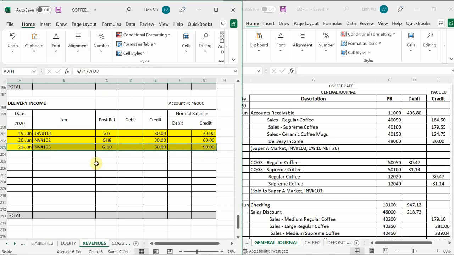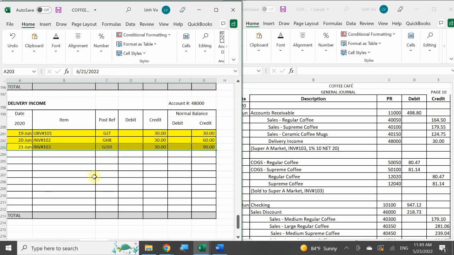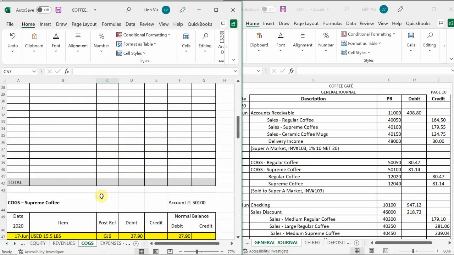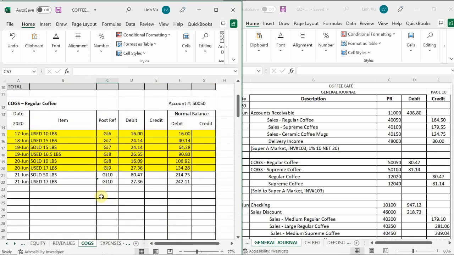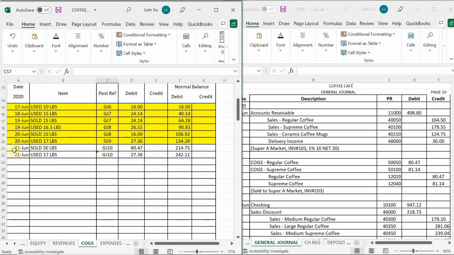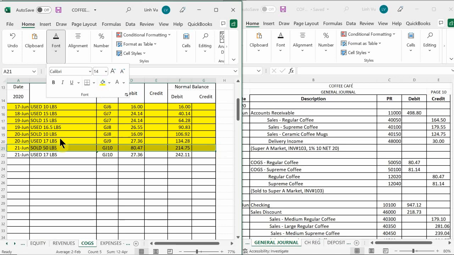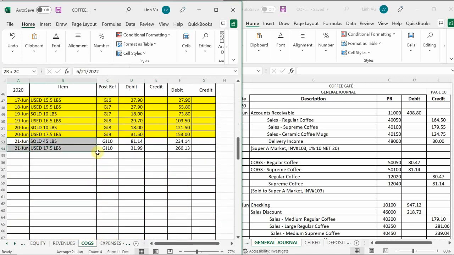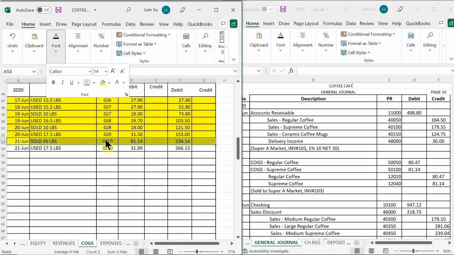Okay, and then now we also had to calculate our cost of goods sold here. Let's see, it cost us $80.47 for the regular and $81.14 for the Supreme coffee. So that's all correct. Okay.